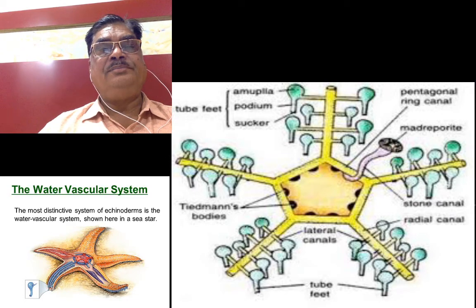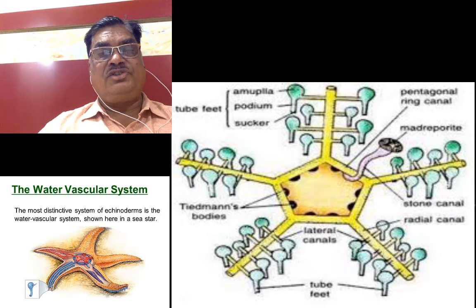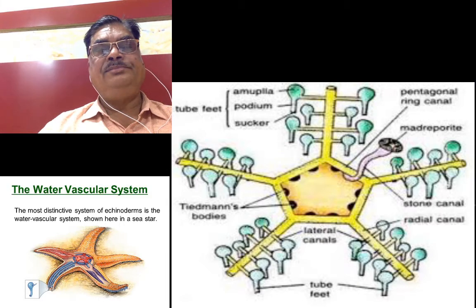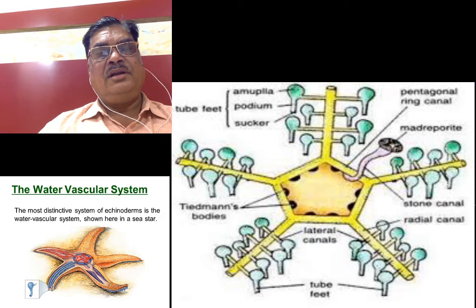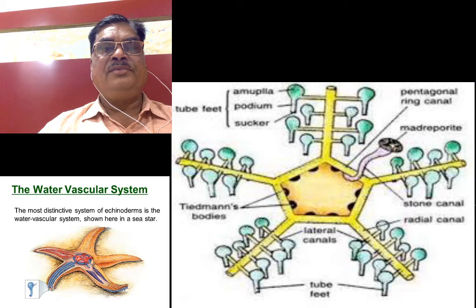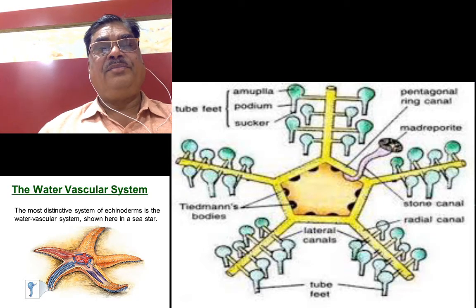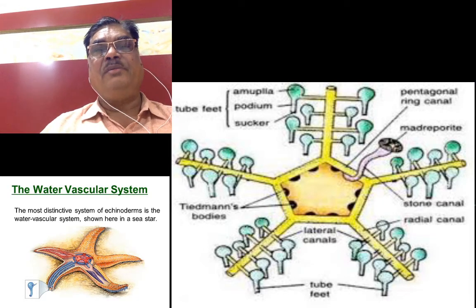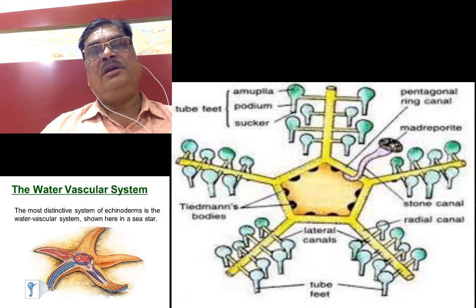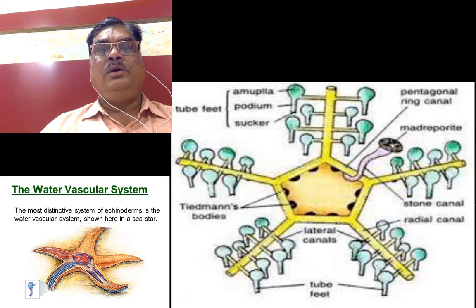In case of Porifera, the water canal system is very important. In Coelenterates, polymorphism. In case of Aschelminthes, parasitism. Platyhelminthes, similarly, in case of annelids, these animals show metamerism. In arthropods, they have an open blood vascular system.